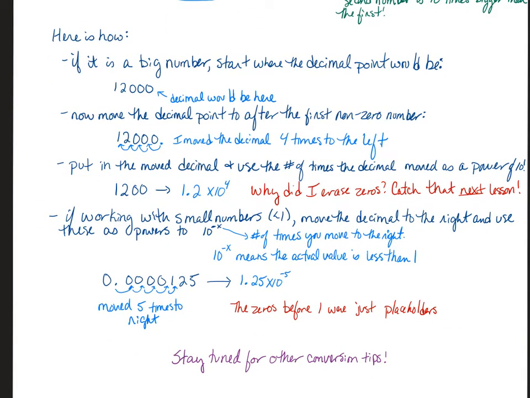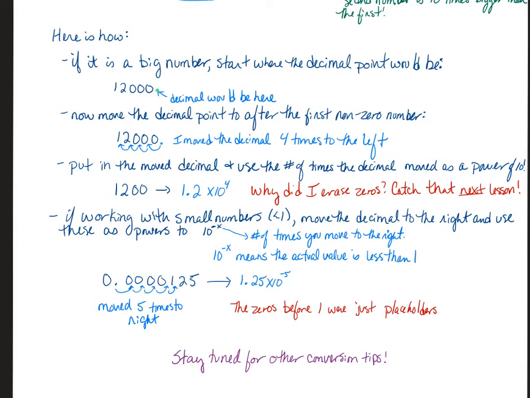If there's a big number, so something that's bigger than 1, then the decimal starts off, let me change colors here, as being right here, right? Well, you're going to start moving that decimal point, and every time you move it over, that's going to be a multiple of 10.